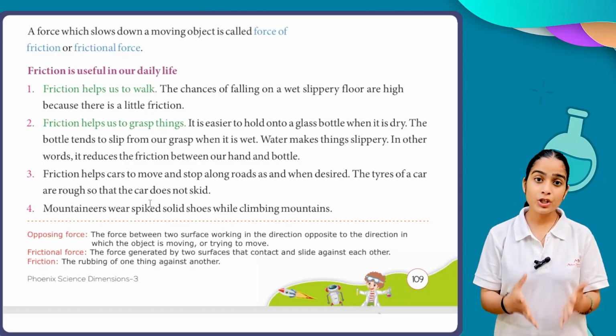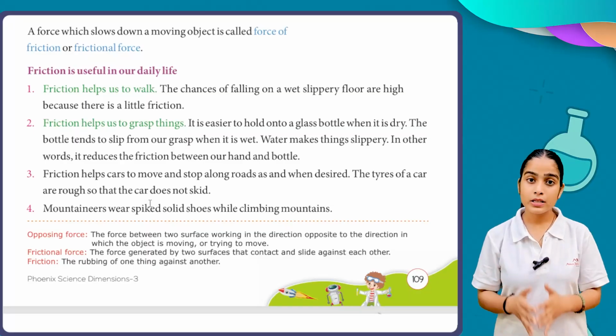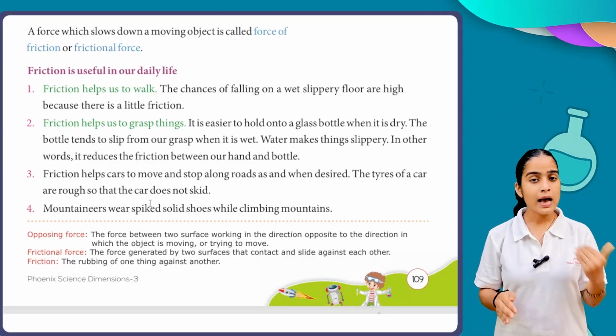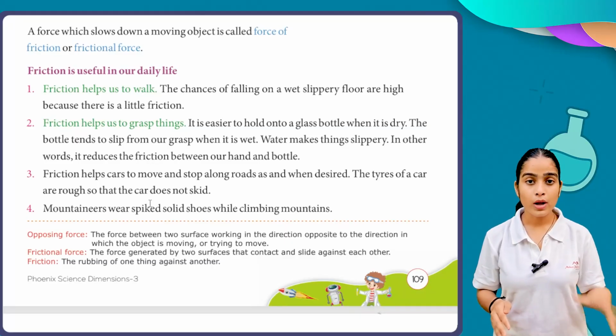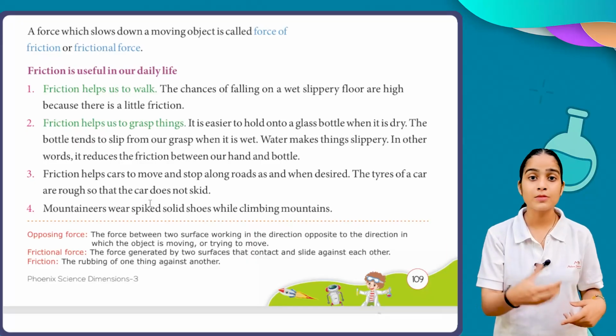If that connection is lost, we cannot move on floors. If we have an oily surface, there is a reduction of friction and we are not able to walk on the floor. If we have a wet glass, we have a low amount of friction and we cannot hold that glass properly.